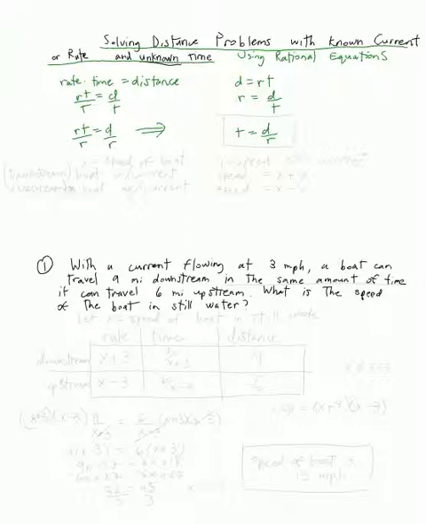Remember also that if our boat is traveling with the current, and we let x equal the speed of the boat, and y equal the speed of the current, then if the boat is with the current, the speed is equal to x plus y.